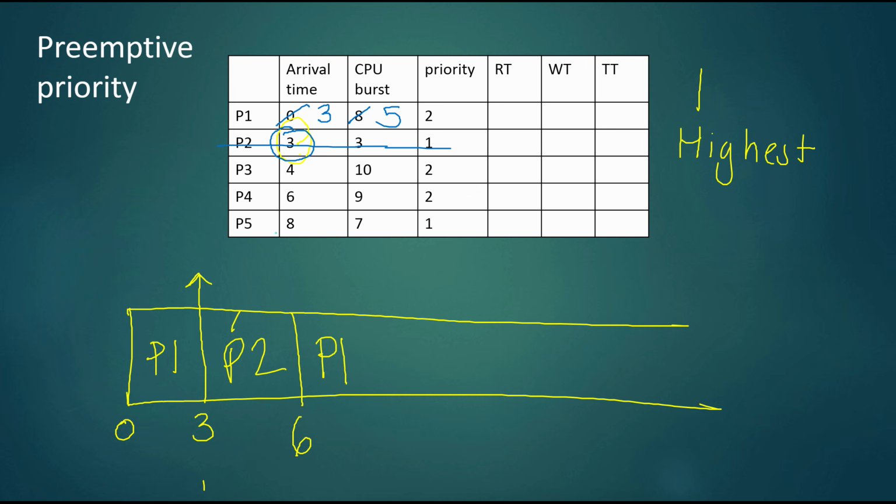Now if you notice that P5 is going to arrive at time 8, and P1's CPU burst is going to go past that time of time 8. So at time 8, P1 is once again going to get preempted and have to go back into the ready queue because it is a lower priority. So P1 will go back into the ready queue at time 8, and we'll still have 3 time units of CPU burst left.